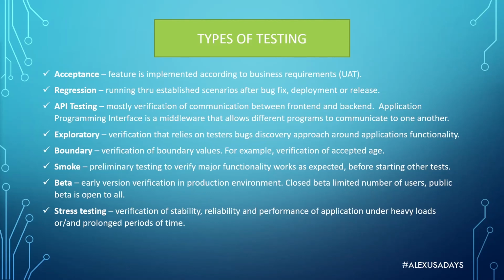Then there's regression testing. For regression testing, there are kind of two definitions. Some regression testing revolves around bugs, where you verify that nothing got broken after a bug fix. But I think in more recent ways, regression testing is the standard for rerunning a set of scenarios after a bug fix, deployment, or release. If you're automating regression testing, that collection will be the largest collection.